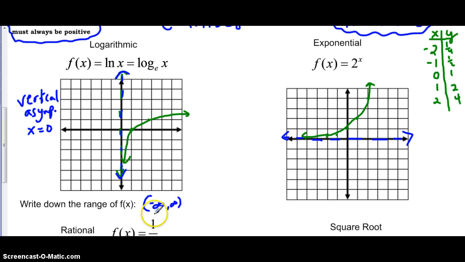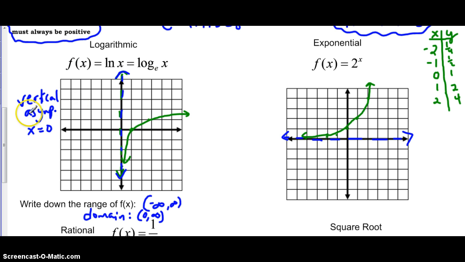Now if they asked us for the domain of this function, then that would be restricted. Our domain of f of x would be from 0 to positive infinity. And remember, it will be parentheses here that will not touch our vertical asymptote. The function's undefined there. So it'll be from 0 to infinity.